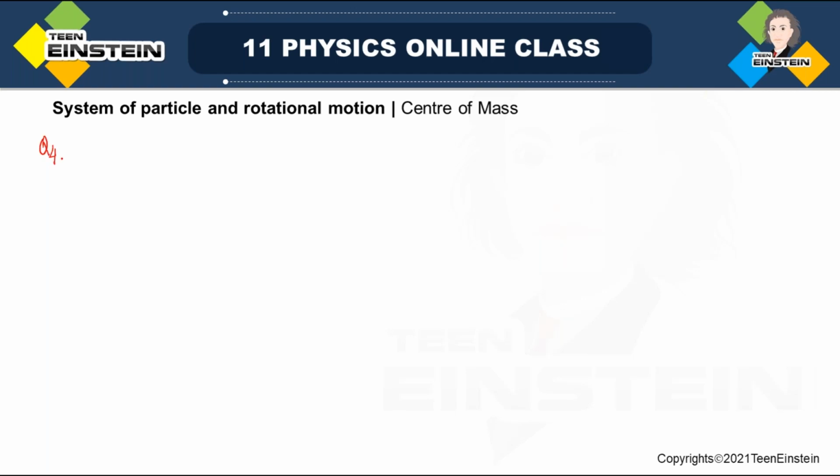This is question 4. A thin disk of mass capital M and radius capital R.